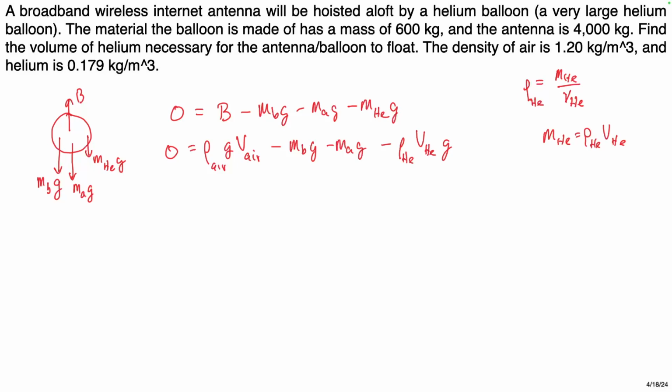Ooh! What do I have in every term? Little g. So if it's in every term, then I can cancel it out. And what does that mean? This works anywhere that has an atmosphere.